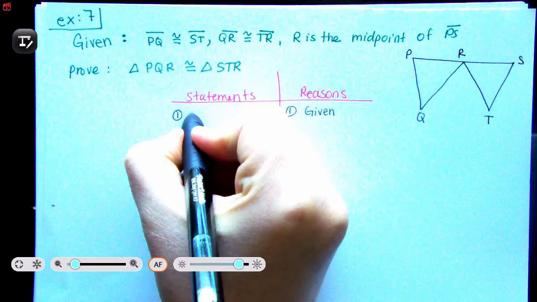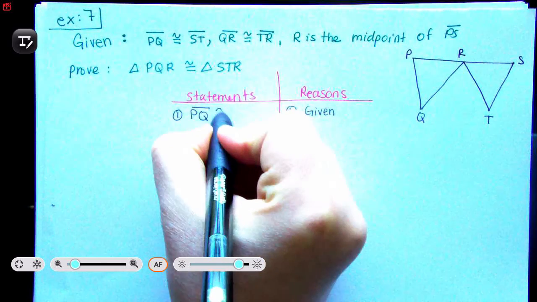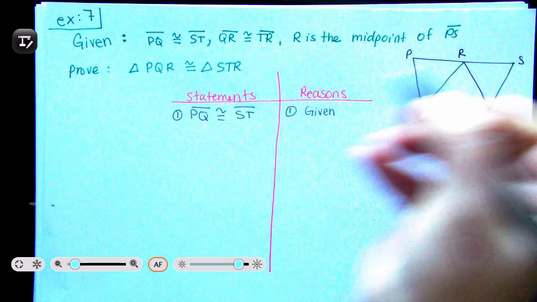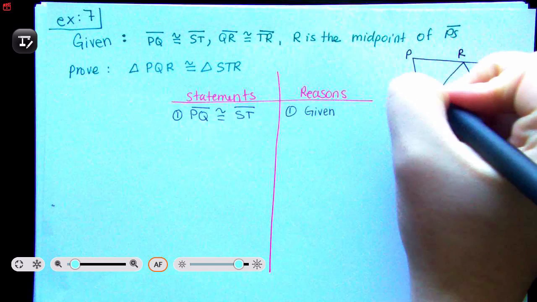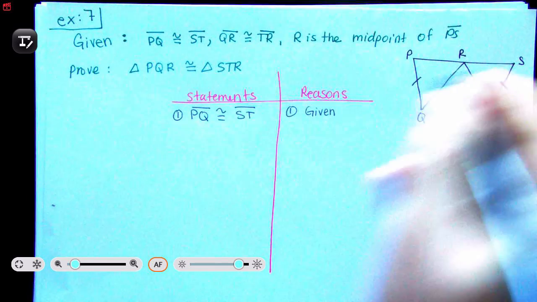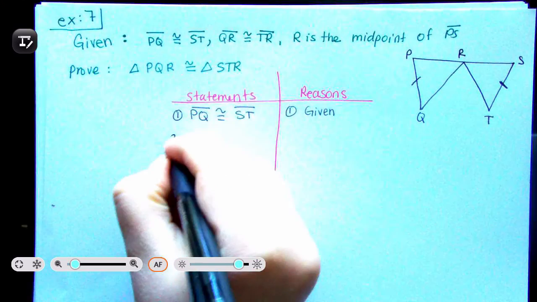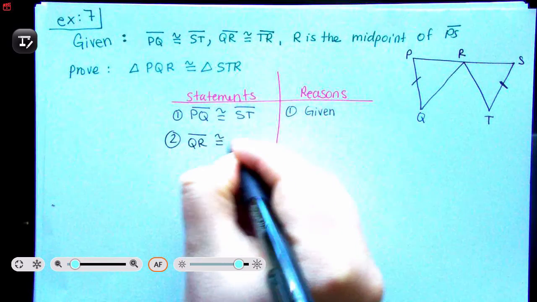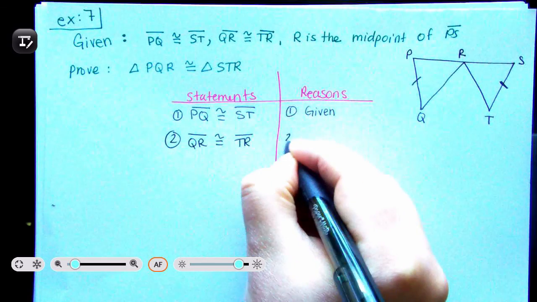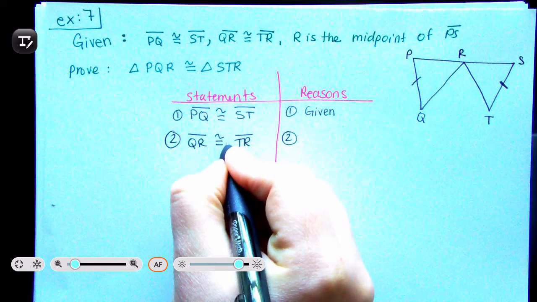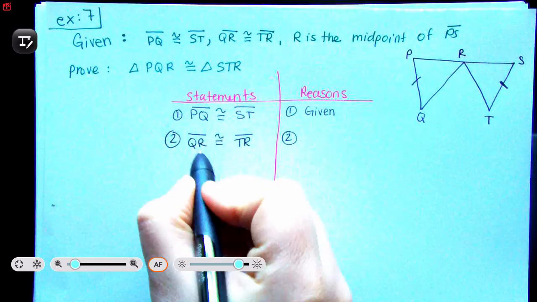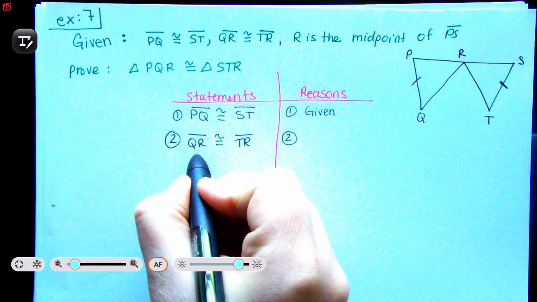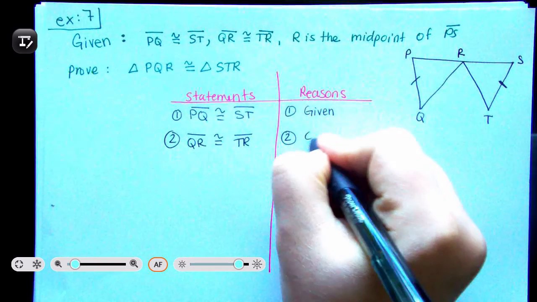So first statement is PQ is congruent to ST. How do we know that PQ is congruent to ST? They tell us that information. Second piece of information, QR is congruent to TR. How do we know? Again, if you write something down, you must have a reason. How do you know that these two segments are congruent? Well, they tell us.